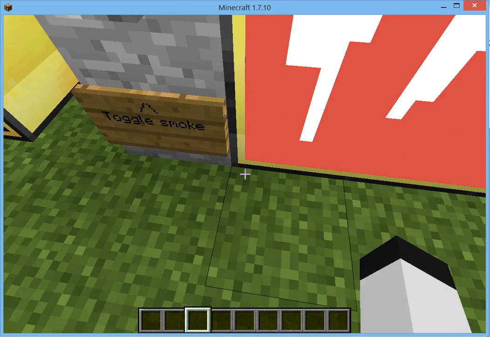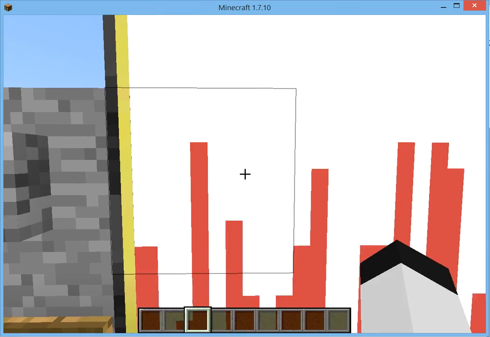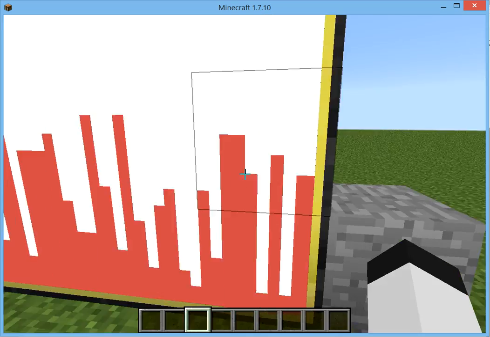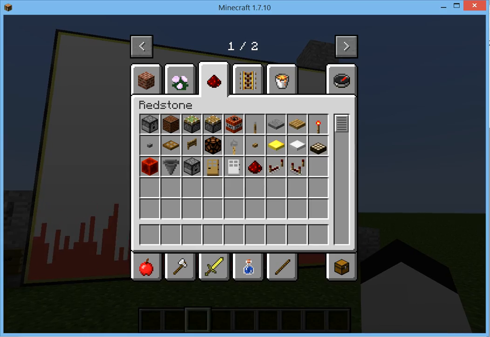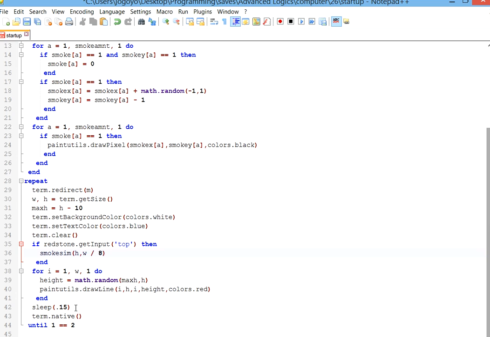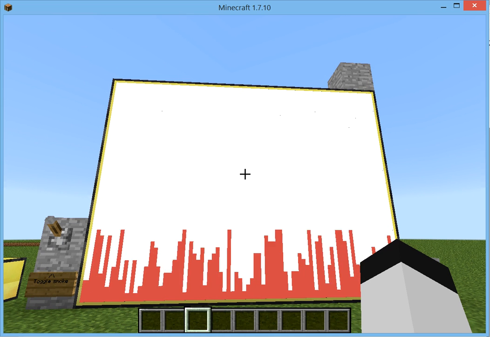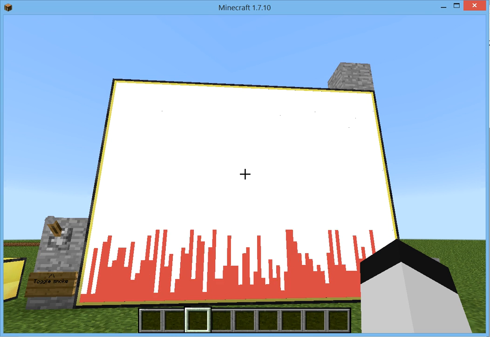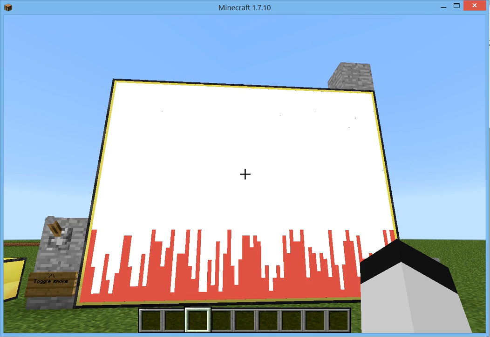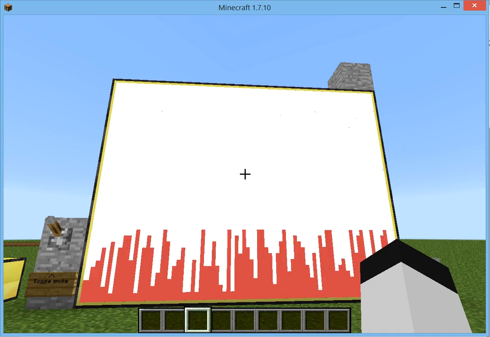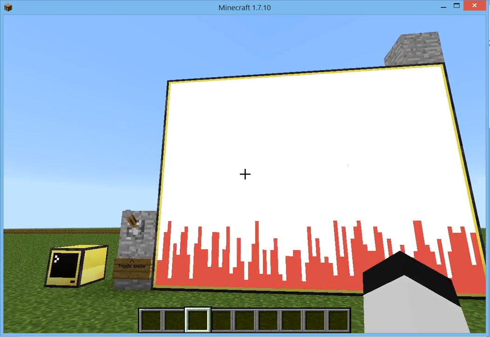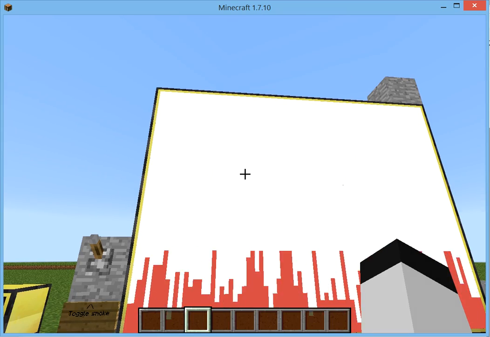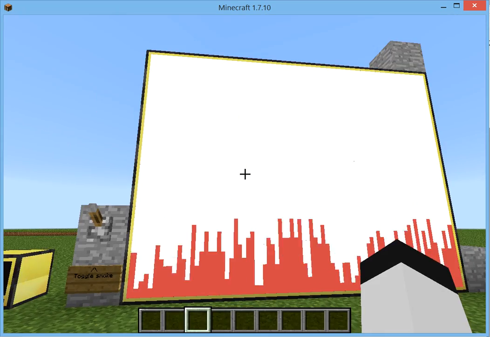And that's how long it'll draw the line, and then it'll move on to the next one until it reaches the end here. And then it waits, I think it's 0.10 seconds. No, it's 0.15 seconds. So that's 150 milliseconds, I believe. Before it will clear the screen to white, draw the smoke particles if they are turned on, and then draw the flames again.